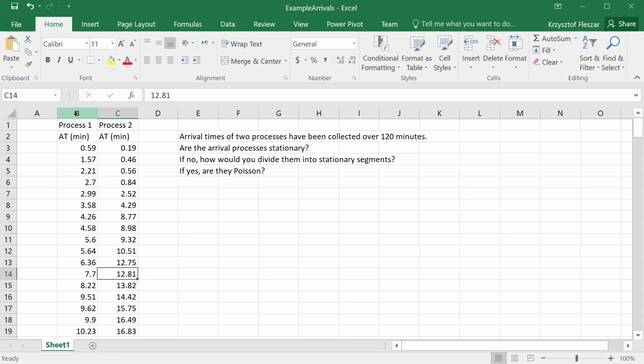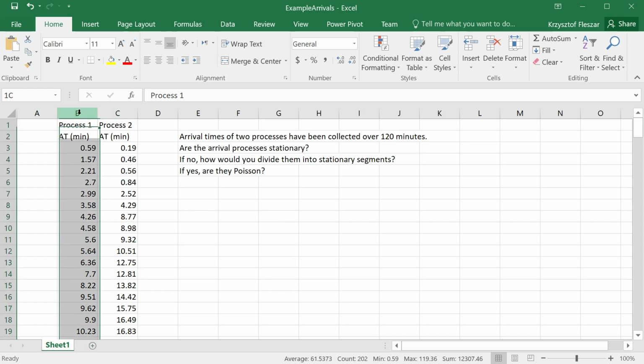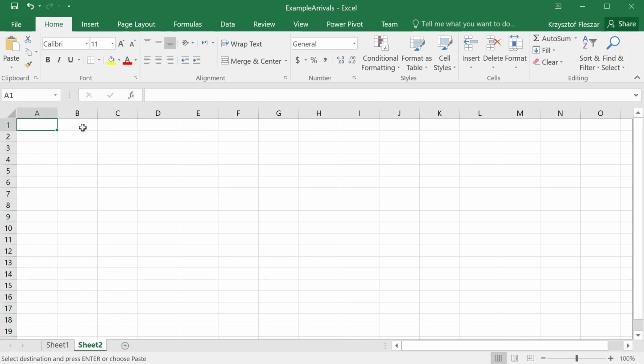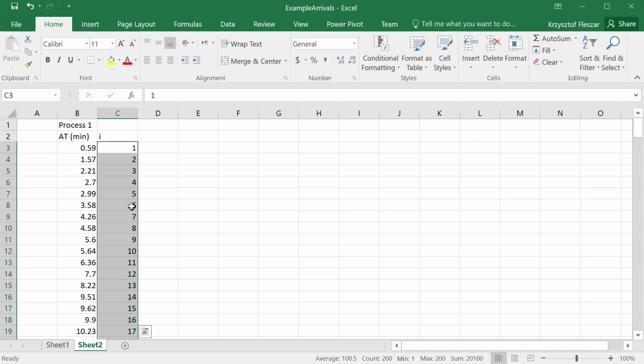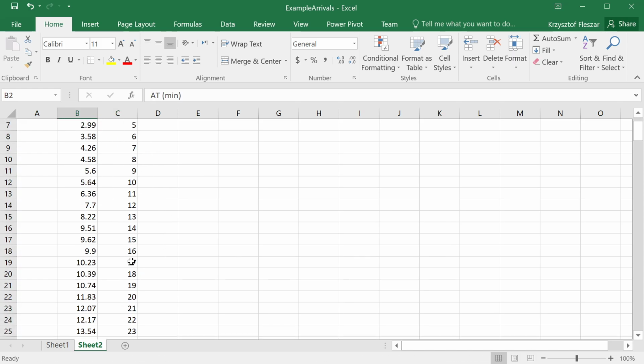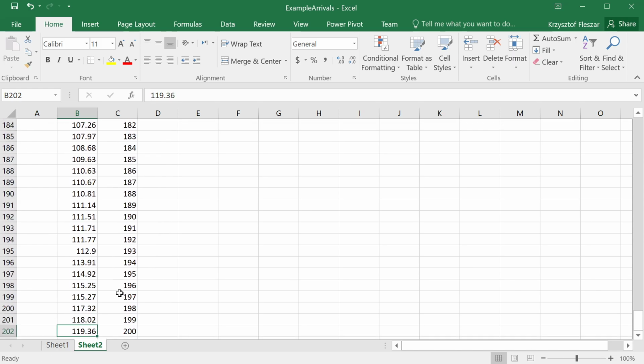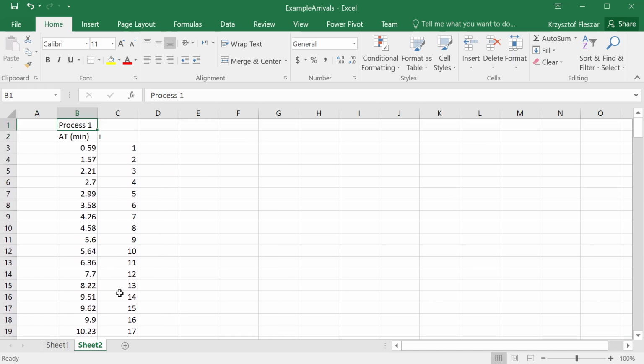I'm going to copy the data for the first process, and I'm going to calculate i, or i over n. This is going to be 1, 2, and so on, to the end. There is actually a total of 200 customers here.